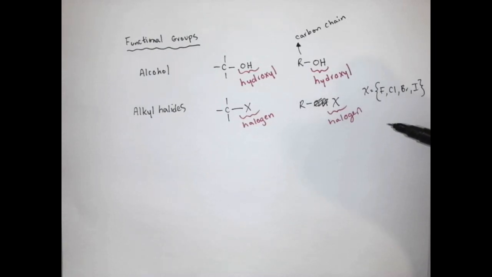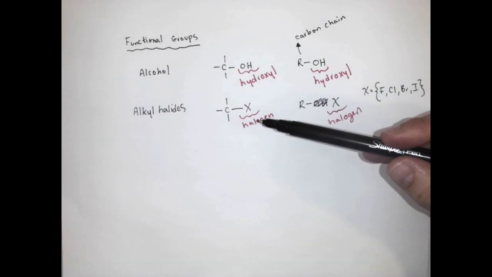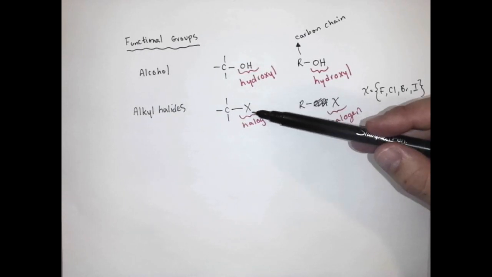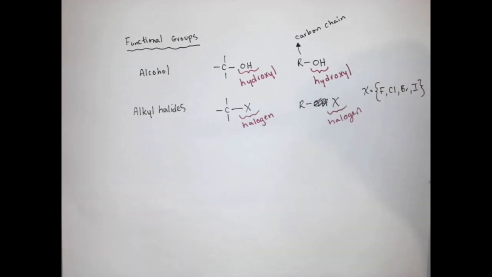There's lots of alkyl halides that are produced synthetically, or you can find them in nature. The common ones would be things like Teflon, the material that you find in frying pans. That's a polymer that's built from alkyl halides that have a fluorine bonded to a carbon.